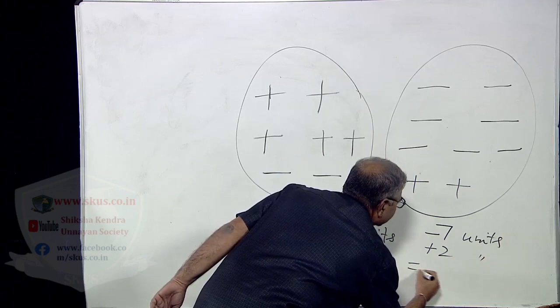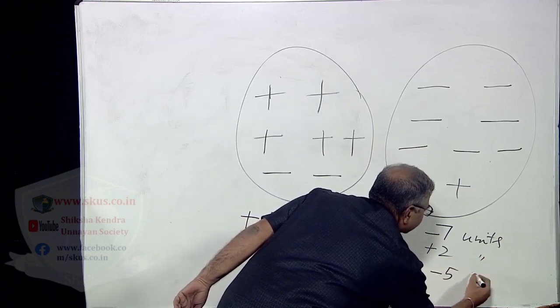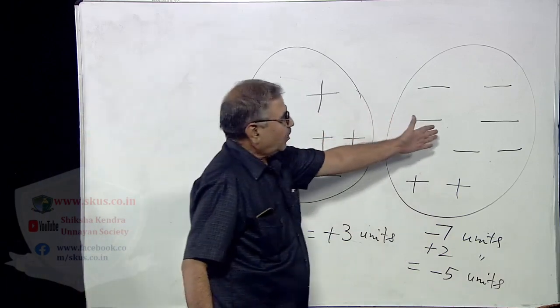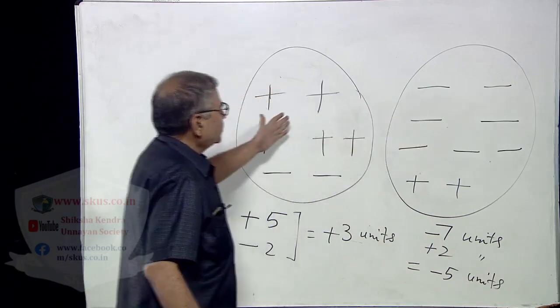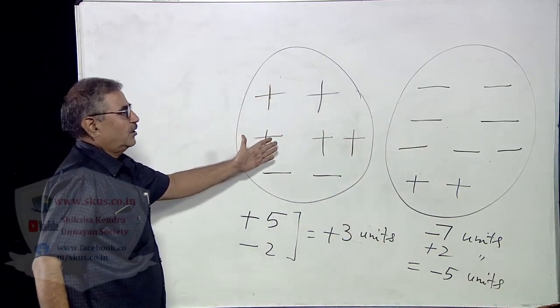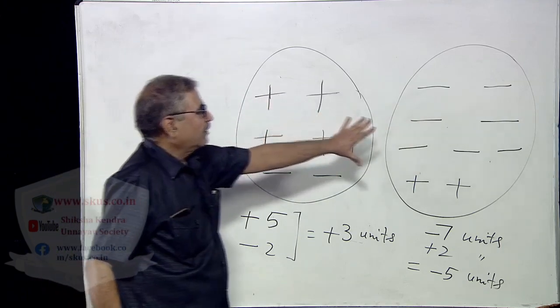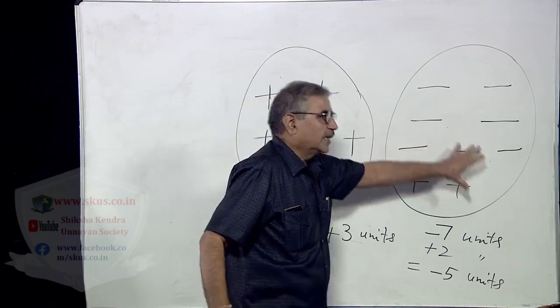So net charge is minus 5 units. This is the example of a negatively charged body, and this is the example of a positively charged body. A positively charged body has excess of positive charge, and a negatively charged body has excess of negative charge.